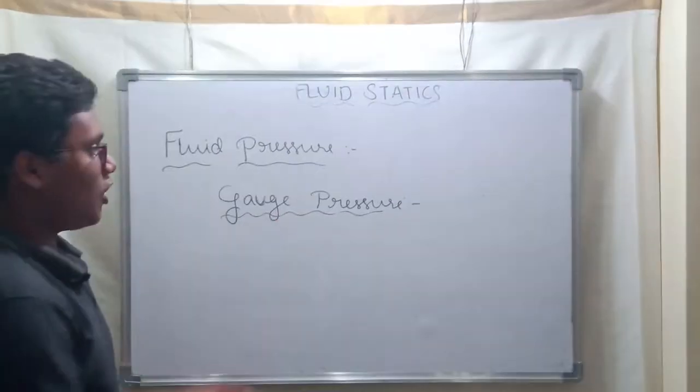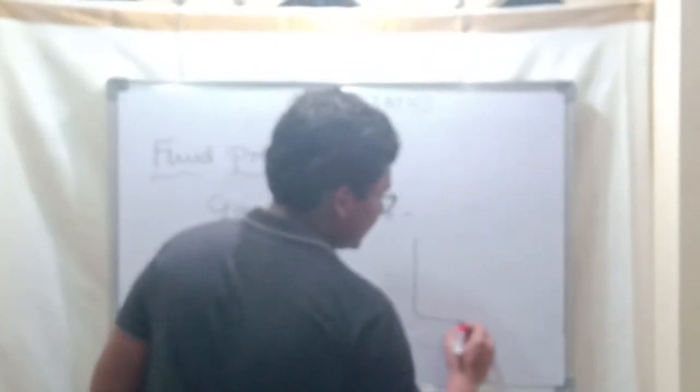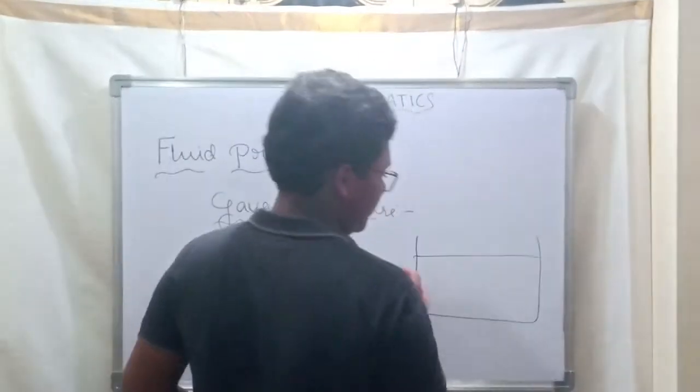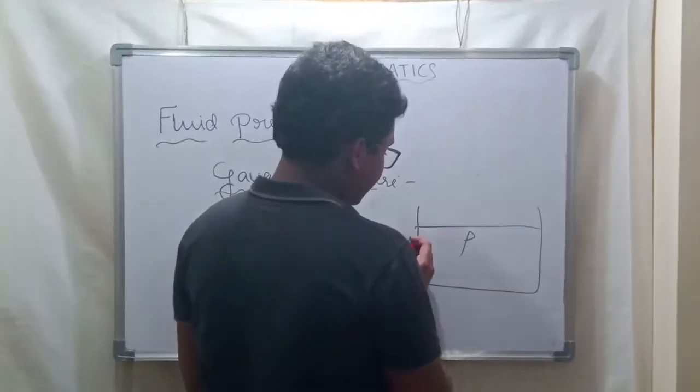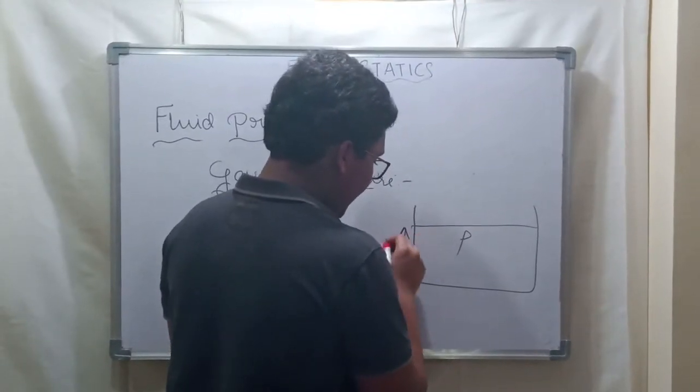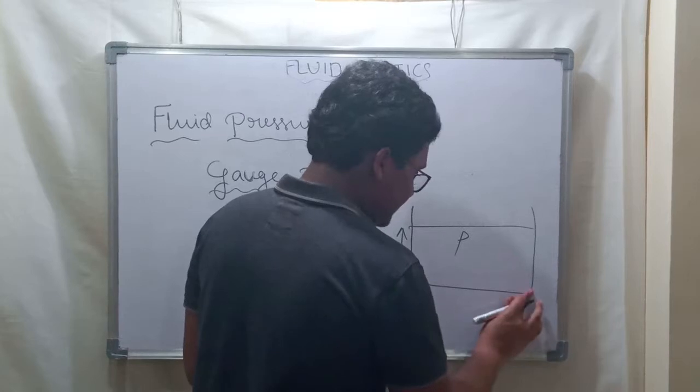Now gauge pressure. We will take a gauge like this, and in this liquid of density rho, and the liquid is up to a height h, and this is the bottom.